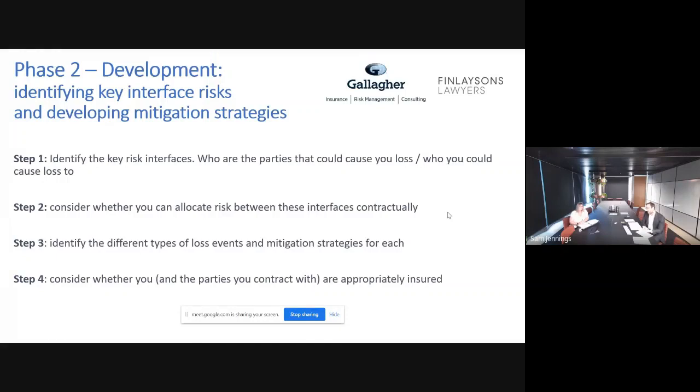And then once you've identified what your risk interfaces are, you need to have a think about what is the category of risk interface that I'm dealing with. And what we've done for the purposes of this is break the categories down into two broad categories to keep things simple.